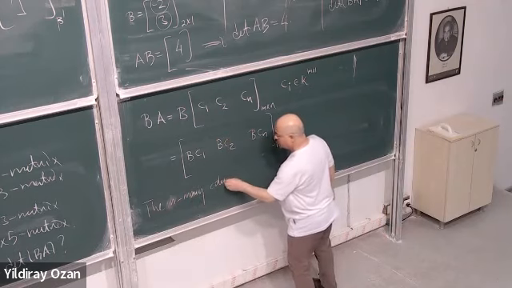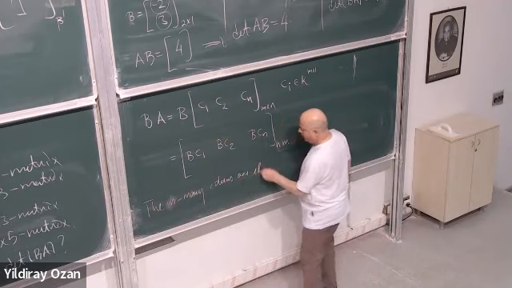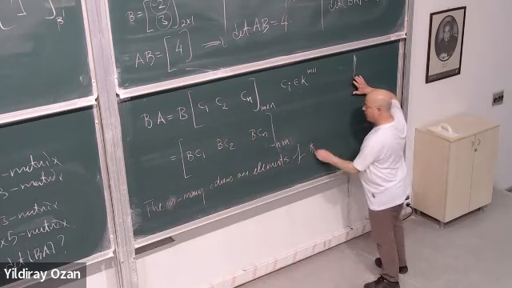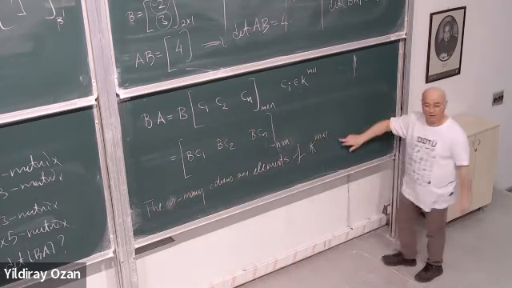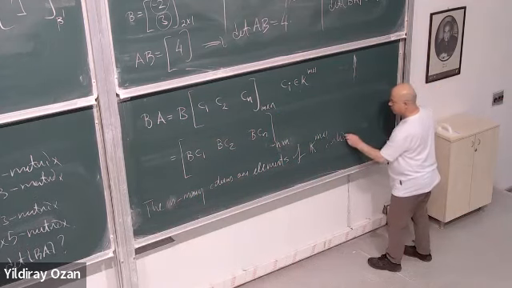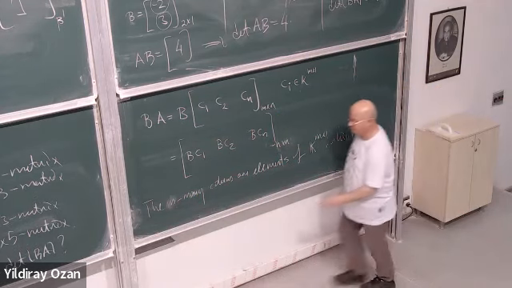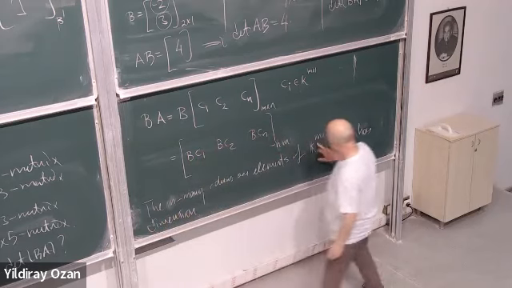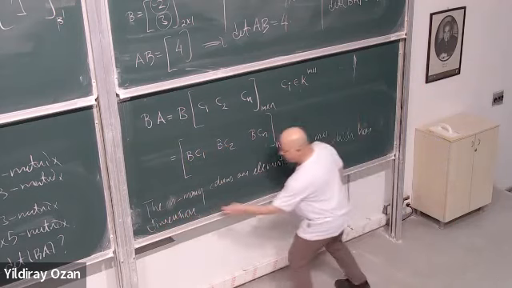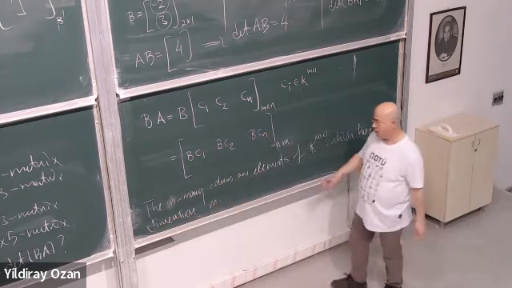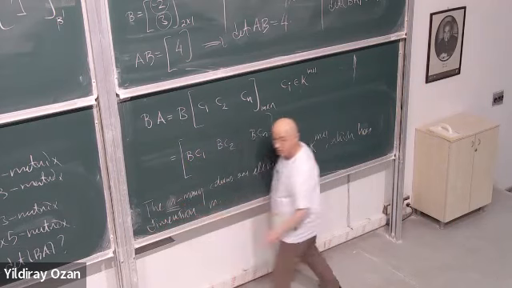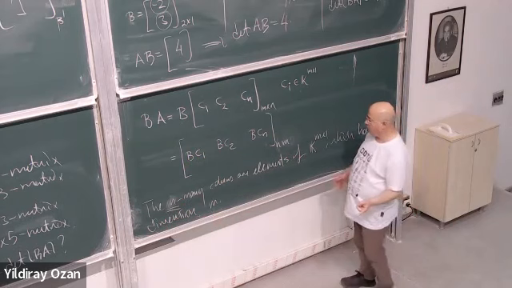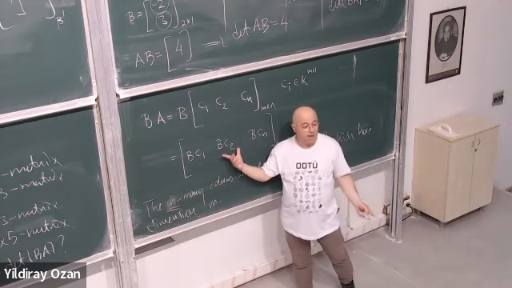Many columns are elements of which vector space? K m times 1, which has dimension, bunun dimension ne? M. Ama I have n many of them and n is larger than m. So these columns cannot be linearly independent.